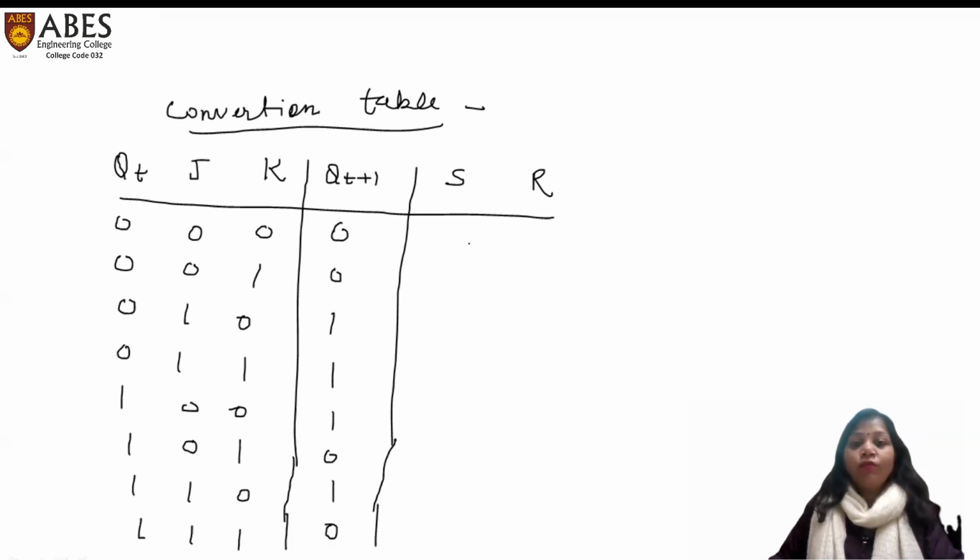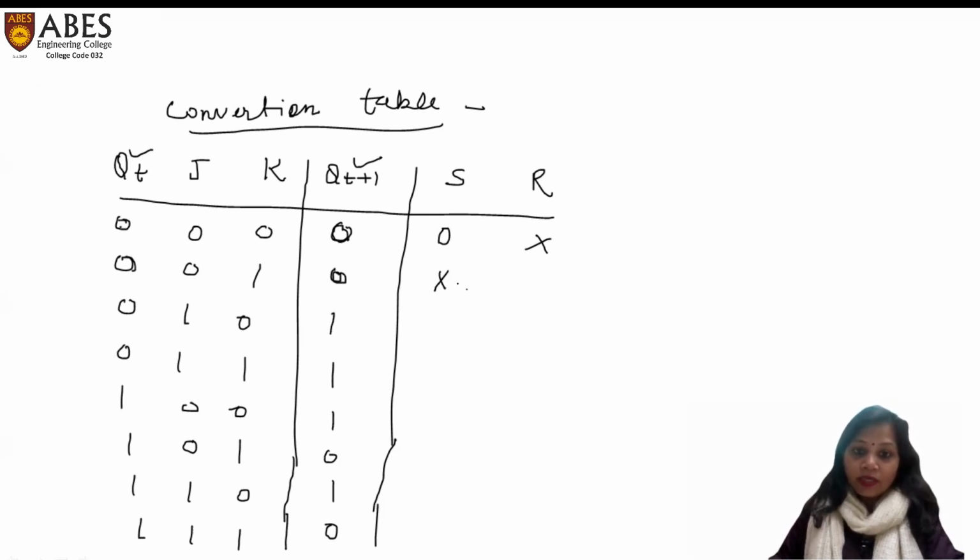Now we have to find the SR inputs. For S and R, we check the excitation table of SR flip-flop. Here Qt is 0 and Qt plus 1 is 0. According to the excitation table of SR flip-flop, if Qt and Qt plus 1 are 0 0, the inputs S and R will be 0 don't care. For 0 0, it is again 0 don't care.